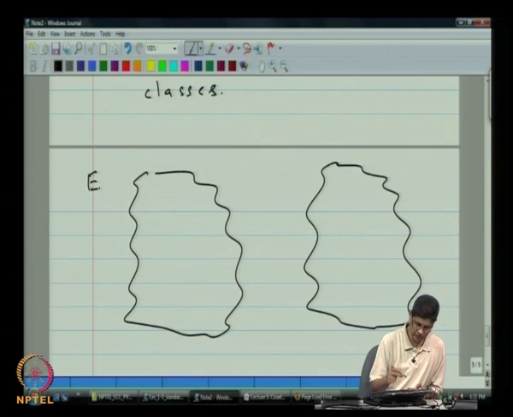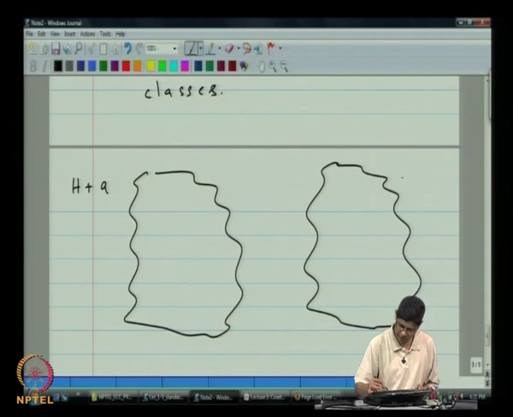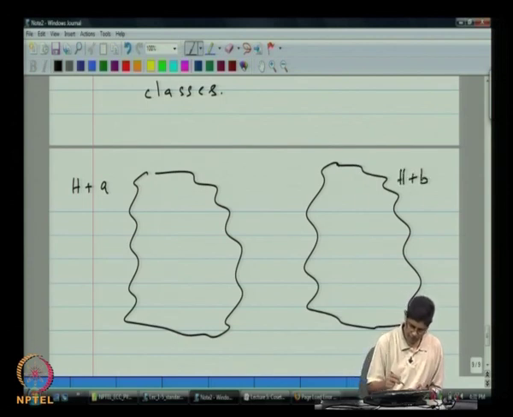So, if this is H plus A, and if this is H plus B, we want to show that for every element in here, you can actually map to a unique element in here.